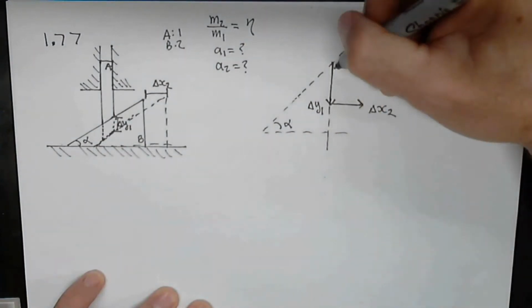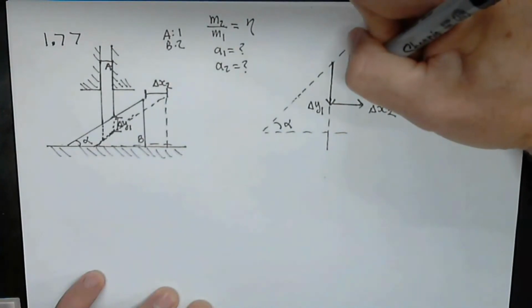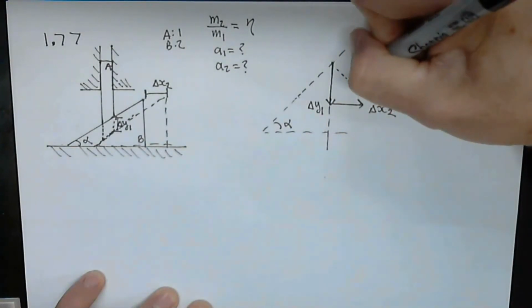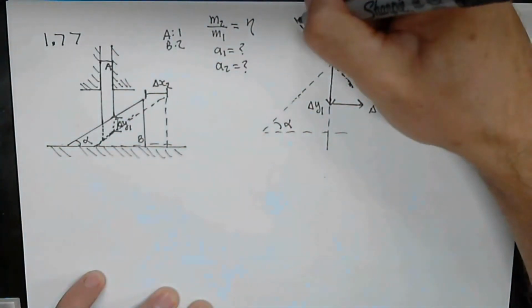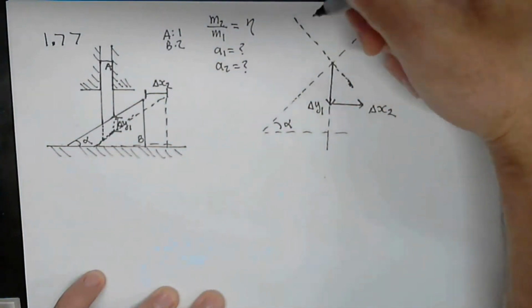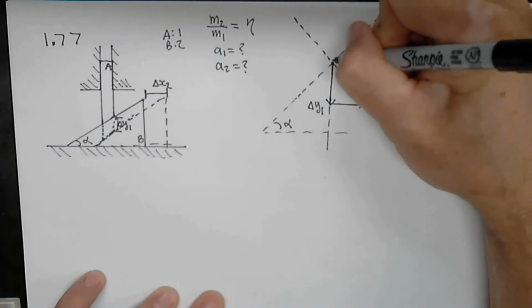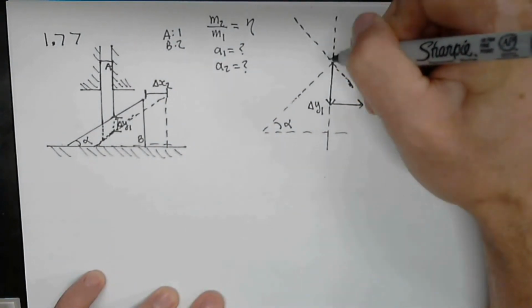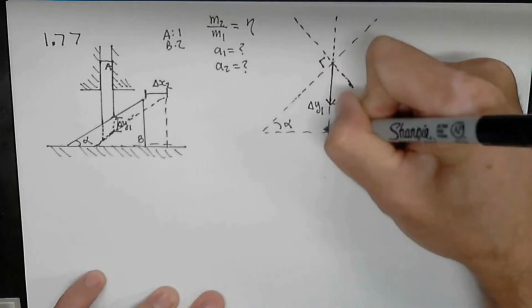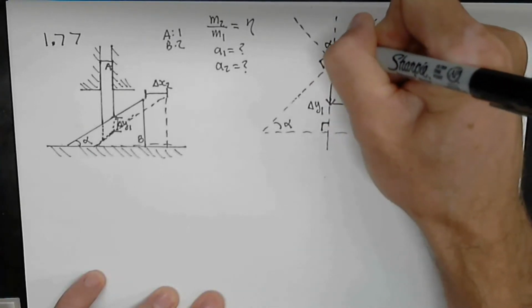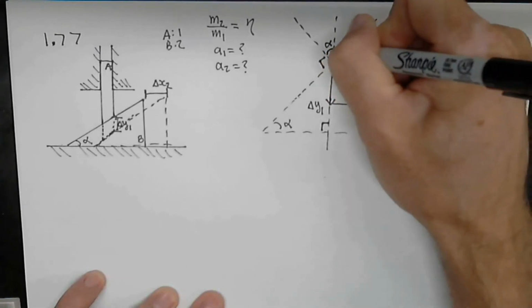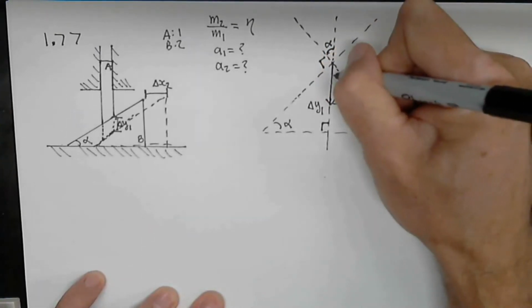If I draw 90 degrees over here and extend this, you can see that this is 90, this is 90, so this is also alpha, and also this one over here.